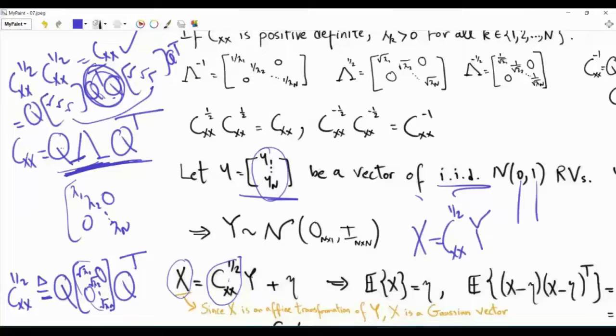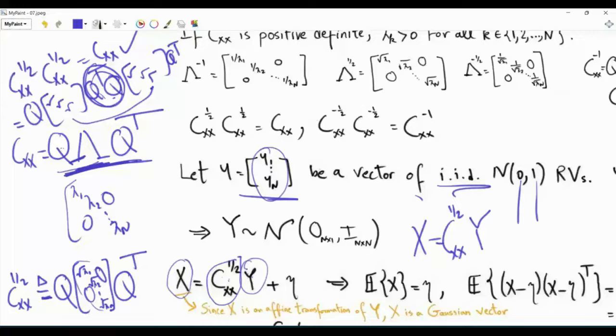Because each y is Gaussian and they are independent, so the components of vector y are jointly Gaussian. Our first theorem was that an affine transformation of a Gaussian vector gives a Gaussian vector. So x is indeed a Gaussian vector.